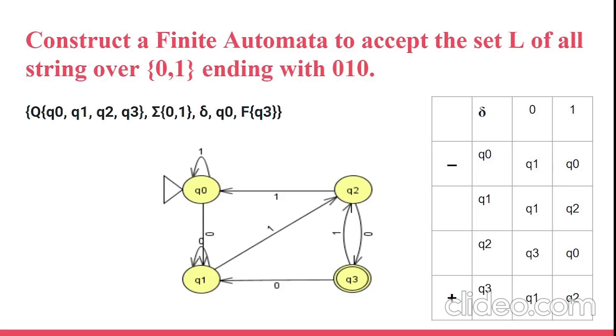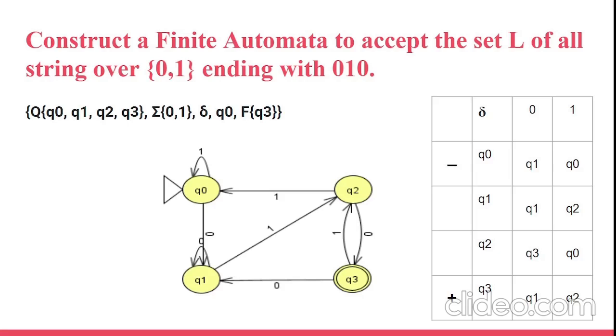A finite automata is a machine in which we feed input and it changes its state based on the input. When the string ends, if the machine is on the final state, then the string is accepted.